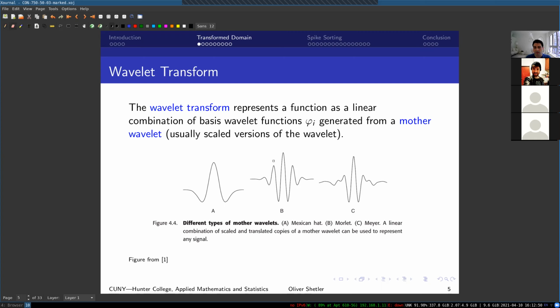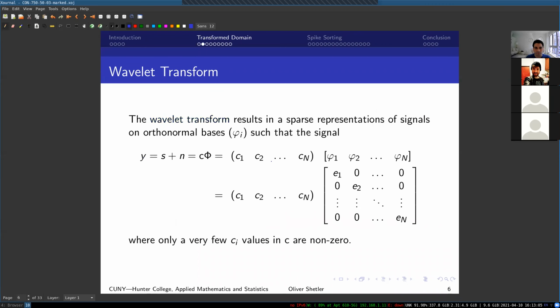And it turns out that for a lot of these mother wavelets, you can actually form any function, right? So it kind of works like a Fourier transform, where you can approximate any function using cyclical functions. And so the wavelet transform results in a sparse representation of signals on an orthonormal basis.